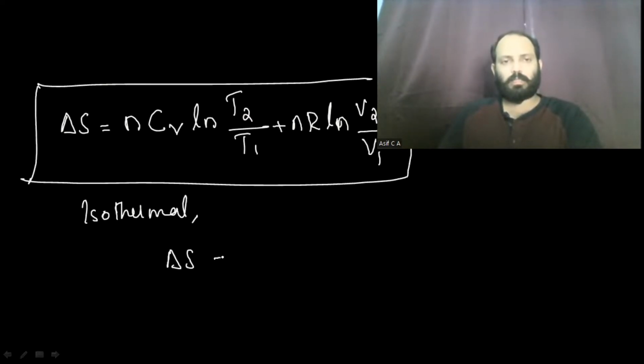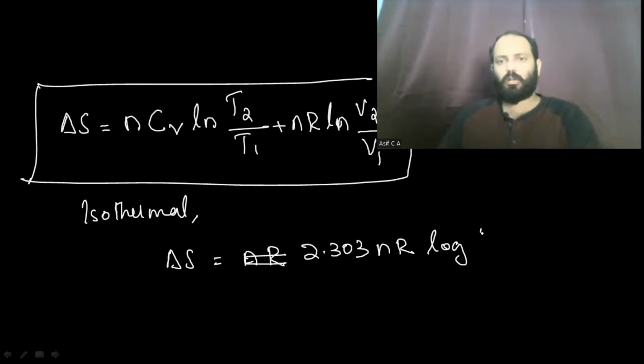Isothermal processனா temperature constant ஆகும்ல. So T2 and T1 will be same. So we can say that delta S is equal to nR ln V2 by V1. இப்போ நம்ம ln லோக் ஆ எழுதிட்டேன்னா we can write as 2.303 nR log V2 by V1 எழுதிடலாம்.